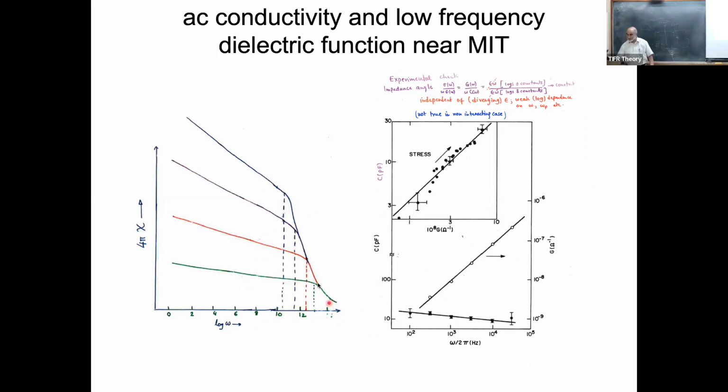And as you go closer to the transition, the dielectric function again becomes logarithmic, but then the slope of this logarithmic function is proportional to the value here, which is saying that this whole function is scaling. So it's not a simple saturated function, but one that has a logarithmic tail to it.